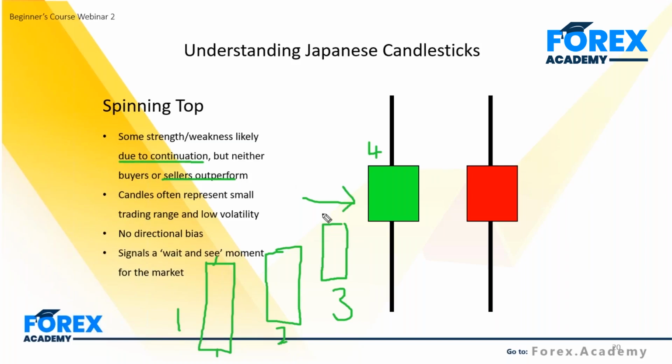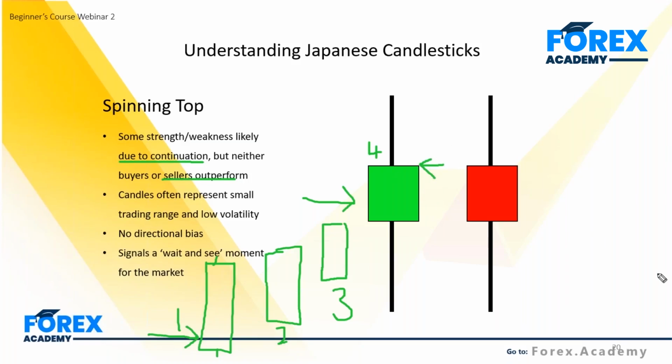It does highlight a little indecision to us, but we see that it doesn't outperform, but it does show continuation. So if we see this here, guys, we're thinking, well, what should we do? Should we look to take profit if we're long from price 1 here, say at this price here? If we're long here and we are at this price right now, should we look to take profit?